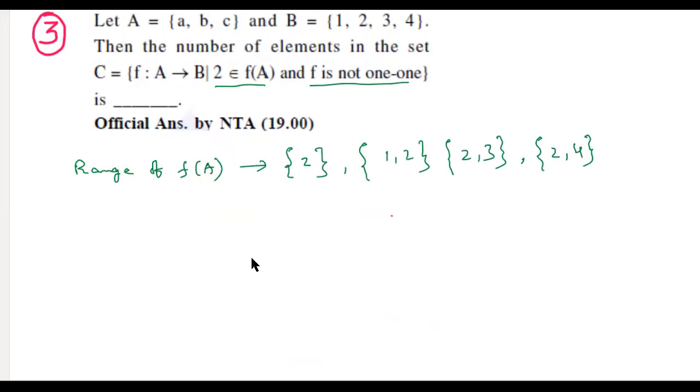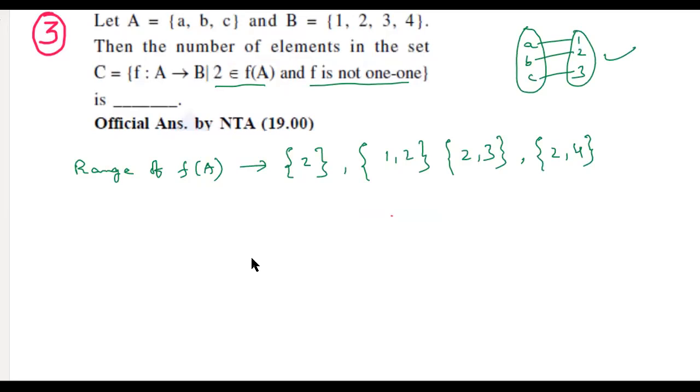Don't take 3 elements. If you take 3 elements, see here, a, b, c. Suppose I take 1, 2, 3: a to 1, b to 2, c to 3. Here, is a one-one function possible or not?